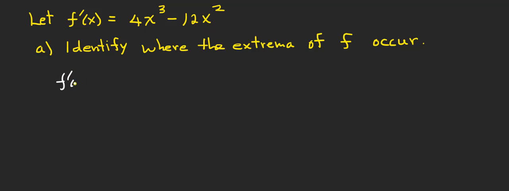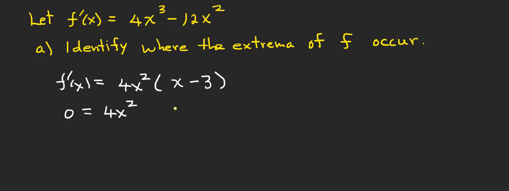So f prime of x is equal to, we're going to take the greatest common factor, which is 4x squared, and you get x minus 3. And you set that equal to 0 to find the critical points. You get x equals 0 or x equals 3.